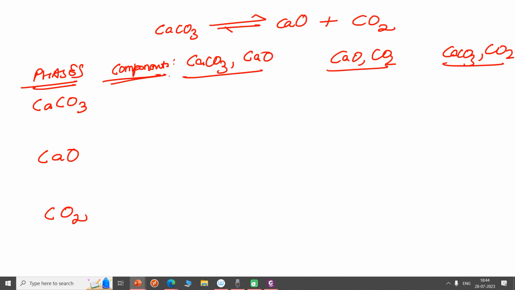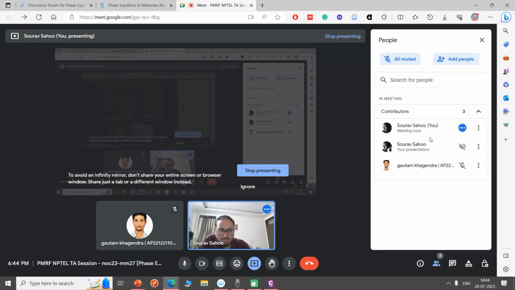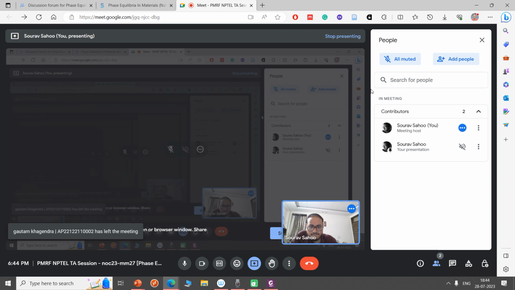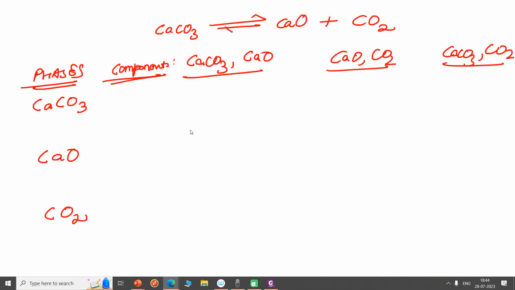To describe calcium carbonate, if we take the components, well, if we take calcium carbonate, it itself can describe its own phase, right?